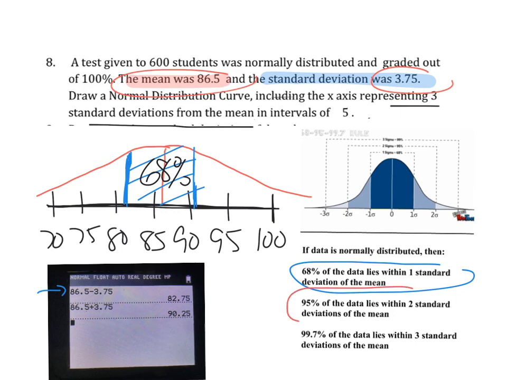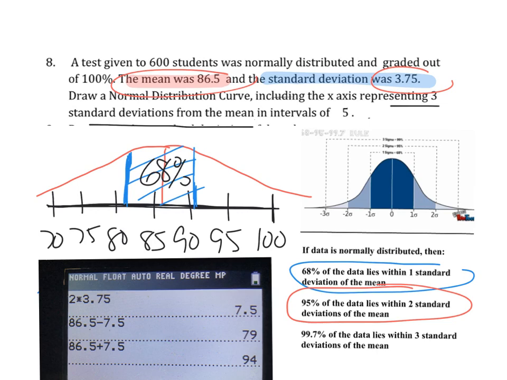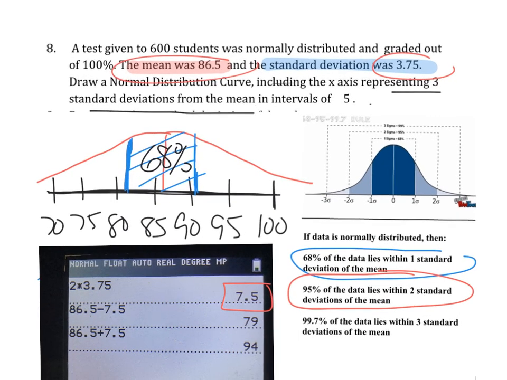Since we know 95% of the data lies within 2 standard deviations, I'll multiply 3.75 by 2. So 2 standard deviations is 7.5. So I'll take my mean, which is 86.5, and I'll subtract 7.5, and I'll add 7.5.